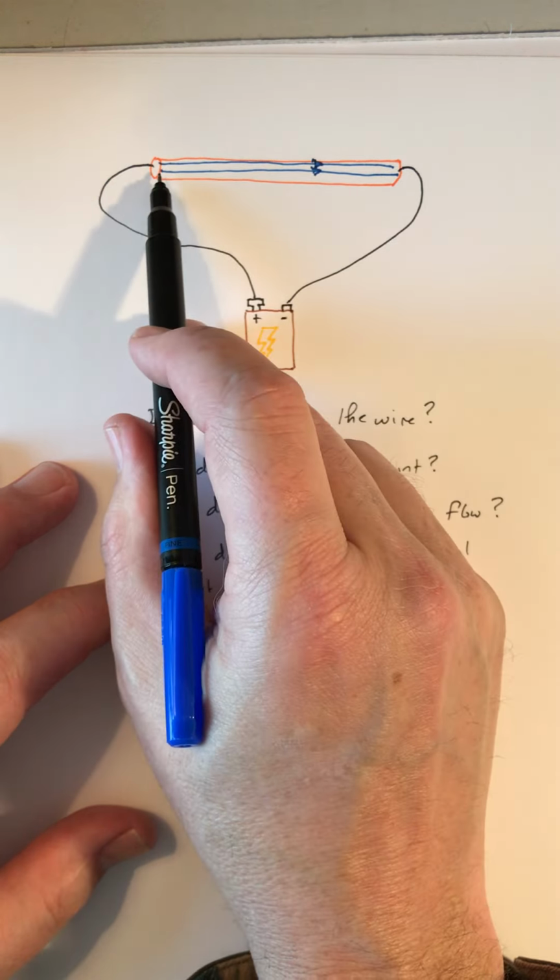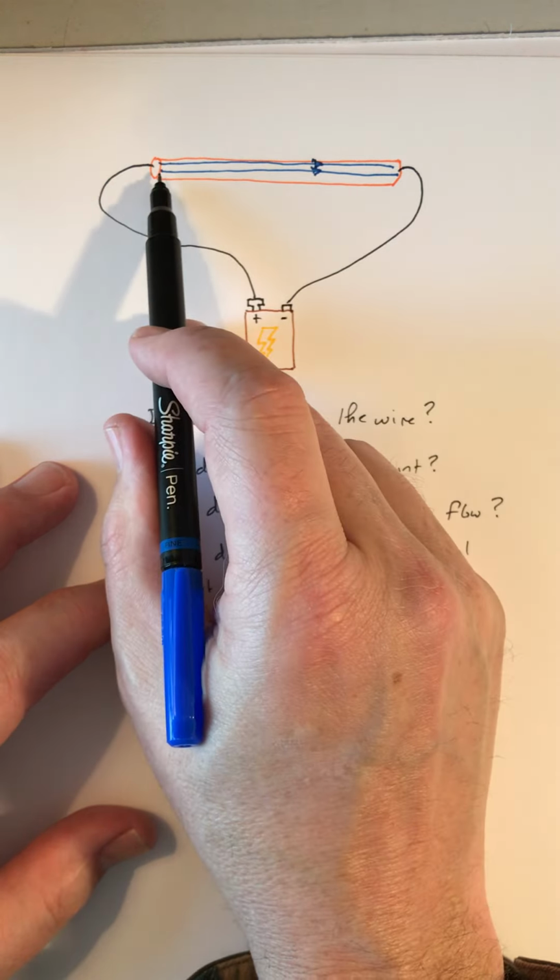So it points to lower electric potential. So the electric field points from higher potential to lower potential.